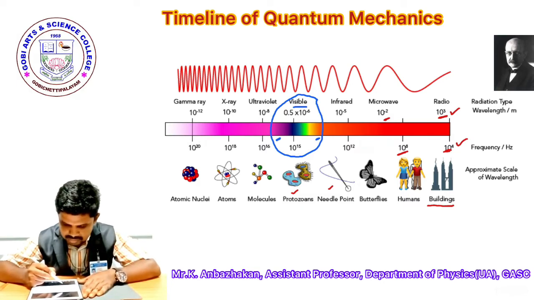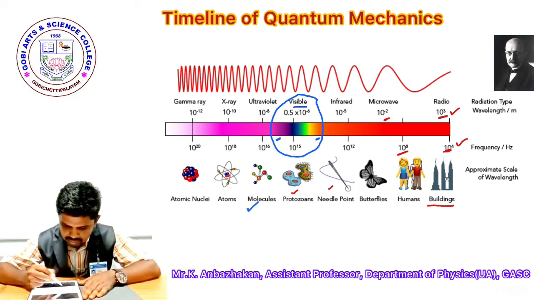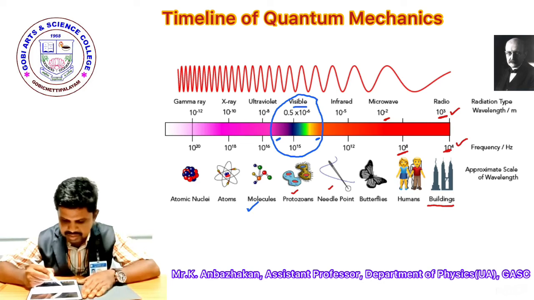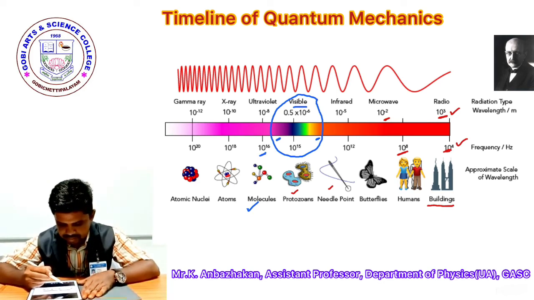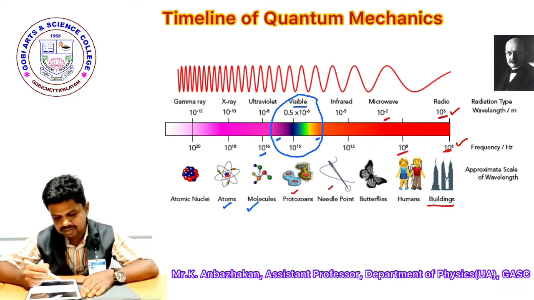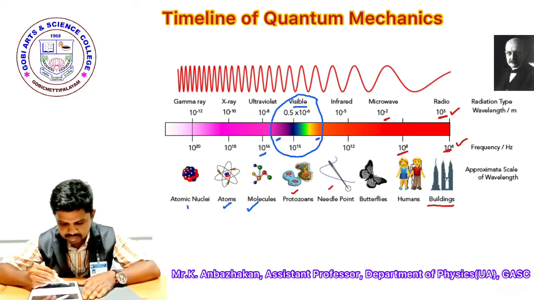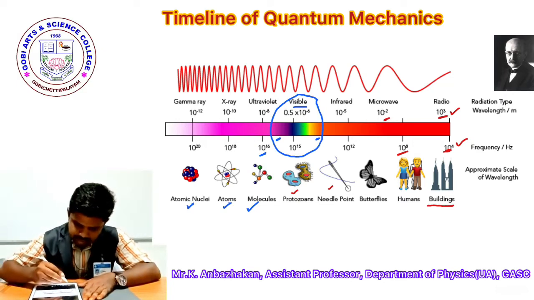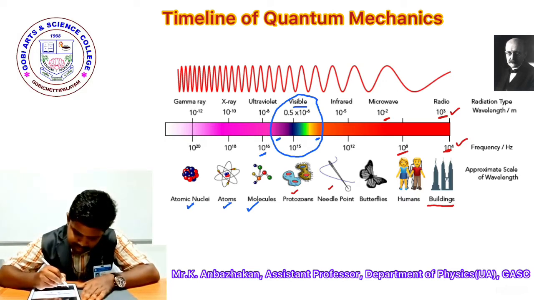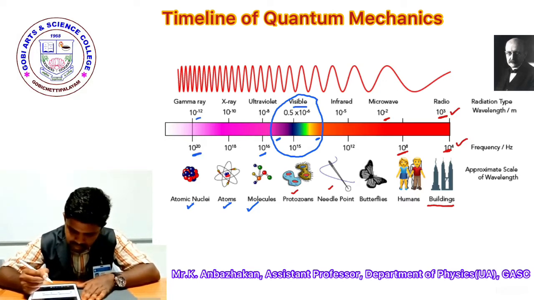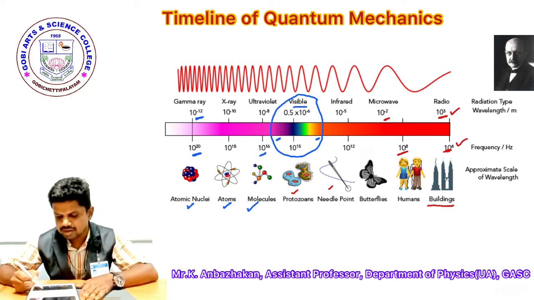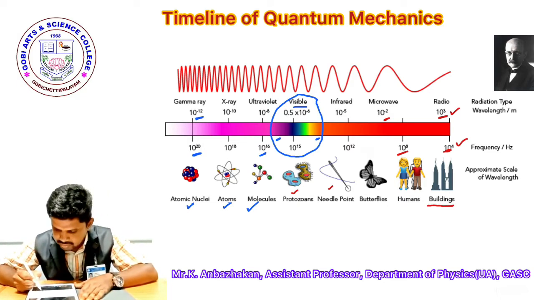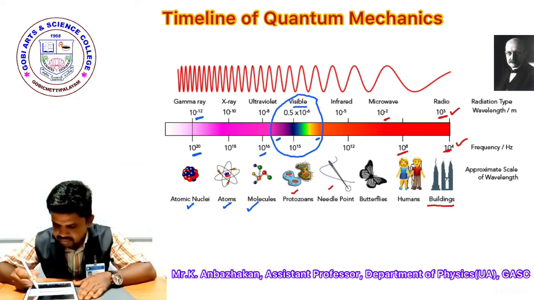After that visible region, the molecules are observable in the wavelength region of 10 power minus 8 meters and frequency of 10 power 16 hertz. After that, the atoms are observable in the X-ray region, and after that the atomic nuclei come, where we have 10 power 20 hertz and a wavelength of about 10 power minus 12 meters. In this picture you can observe a common pattern: whenever the frequency increases, the wavelength falls.